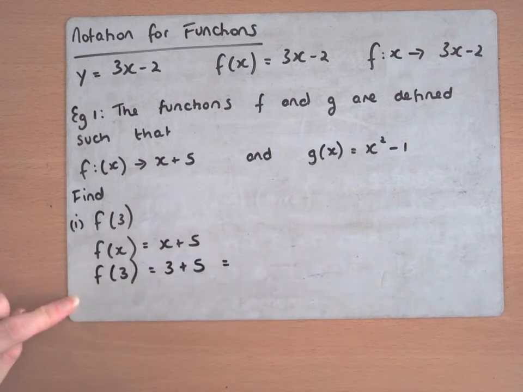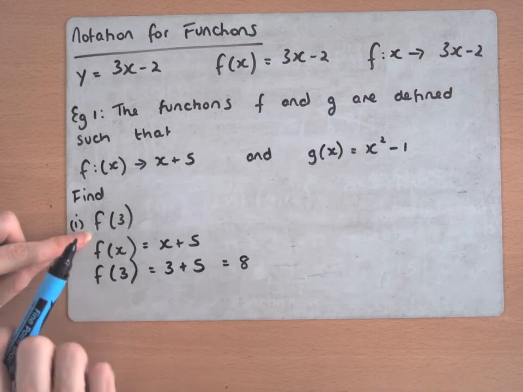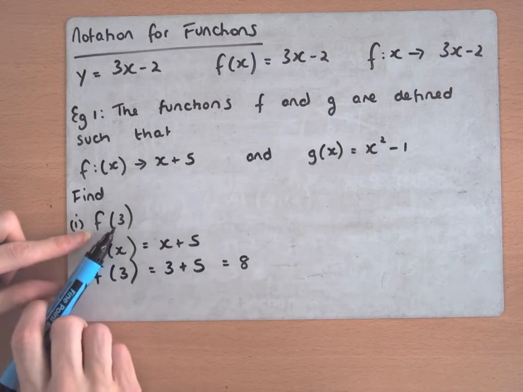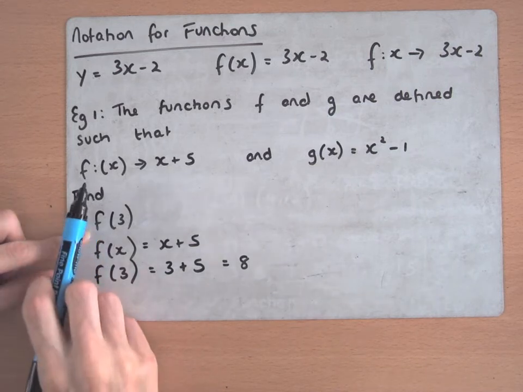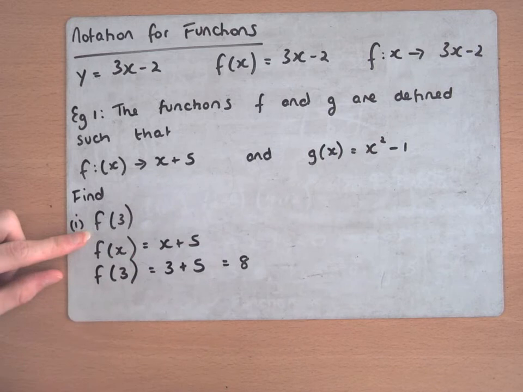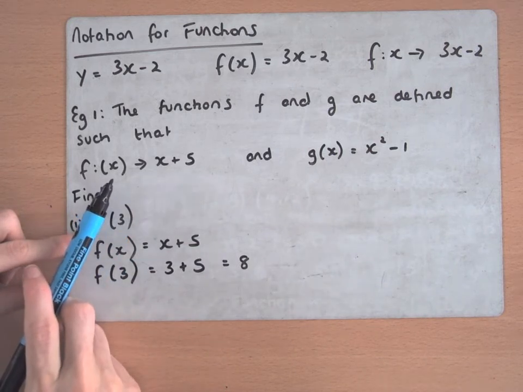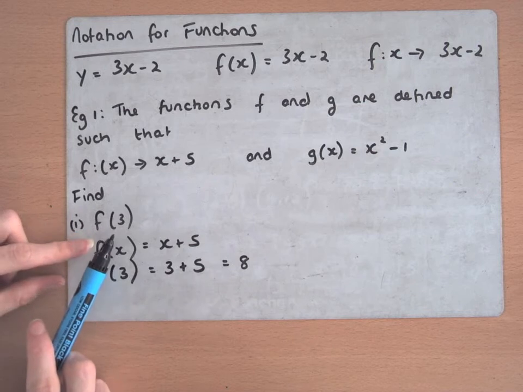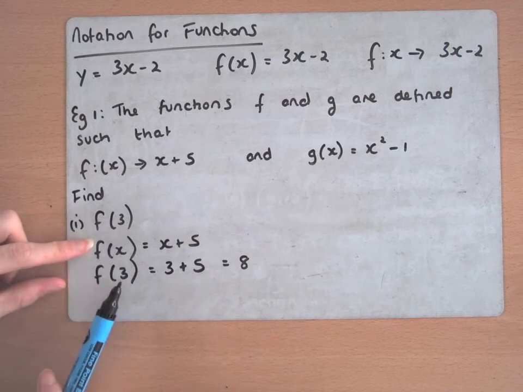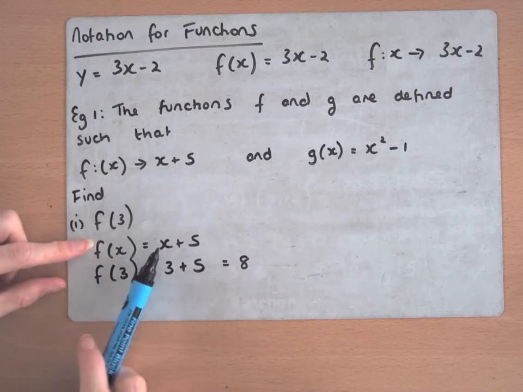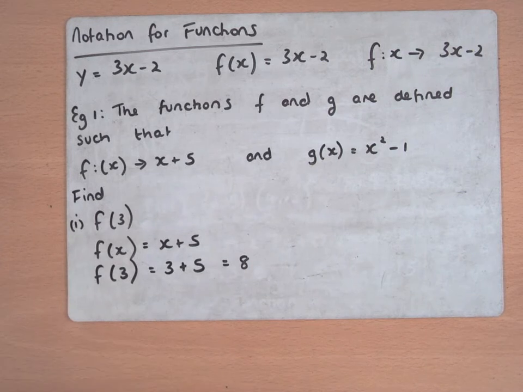And what's 3 plus 5? 8. So, when it's written like this, this means your input is 3 into the f function. So in this case, your input is x. That's normal. This question, my input is 3. So I put in 3 instead of x. Is that alright? So that's part 1.